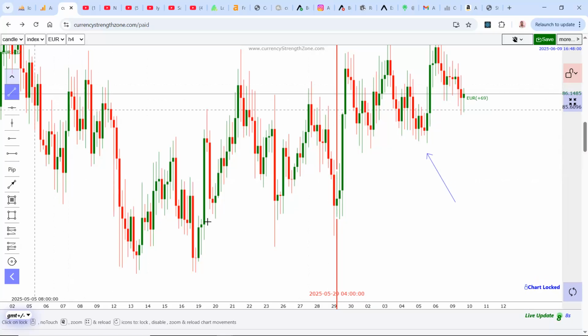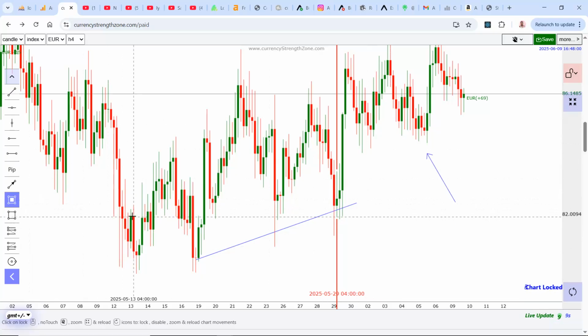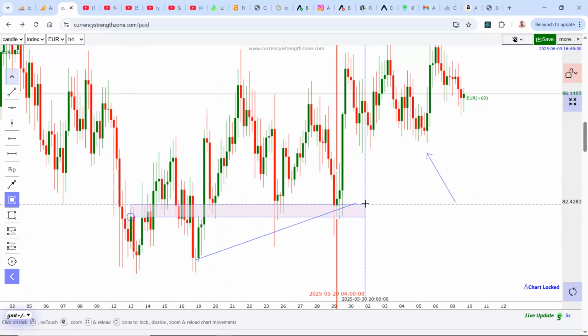Our Euro index was having a buy setup or buy pattern, and we have this support and resistance zone.